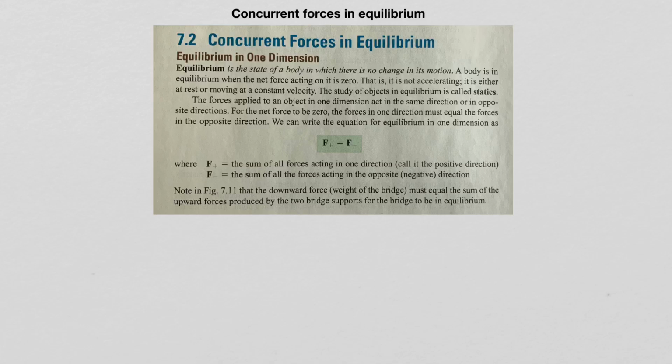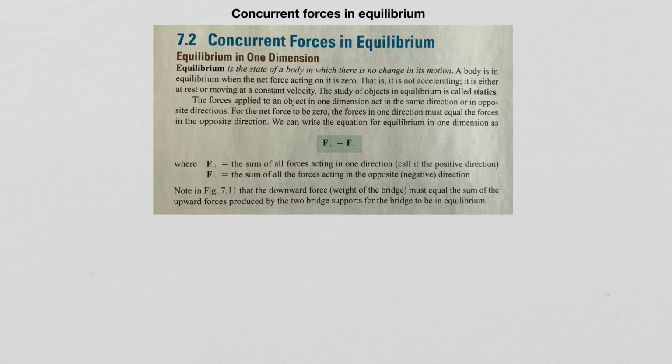Let's talk about equilibrium of forces. So equilibrium is defined as the state of a body in which there is no change in motion. A body is in equilibrium when the net force acting on that body is equal to zero, which means that the body may be under the action of several forces, but when all these forces are added together, the net result is zero, as if no force is acting on the body.